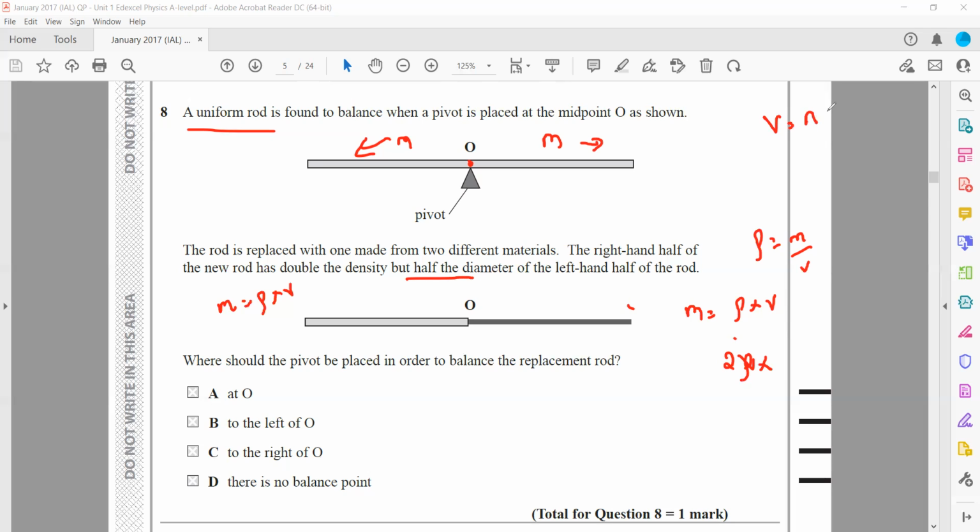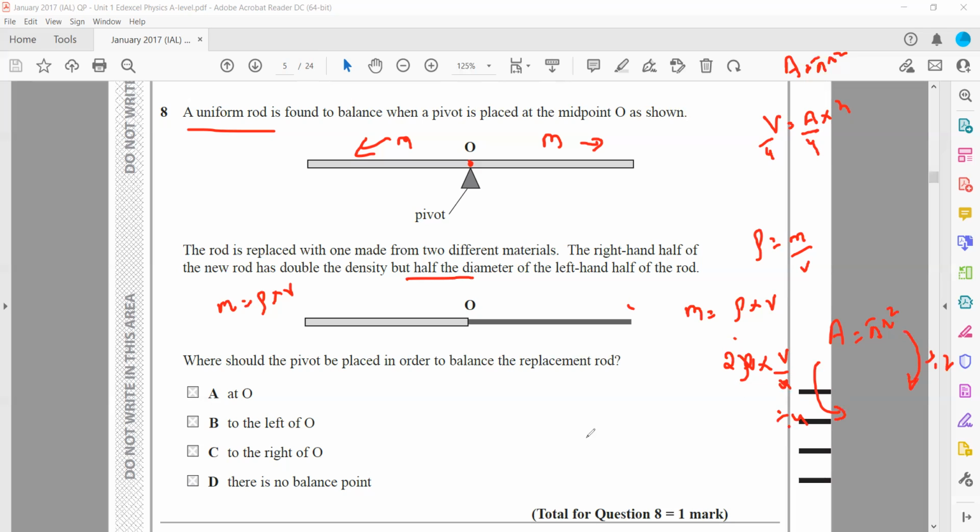Volume is equal to area multiplied by height, and the area of cross section is equal to πr². If the diameter is half, the radius is half, so what happens to the area? The area will decrease by 4. If the area decreases by 4, the volume will also decrease by 4. So the volume here will be V by 4.